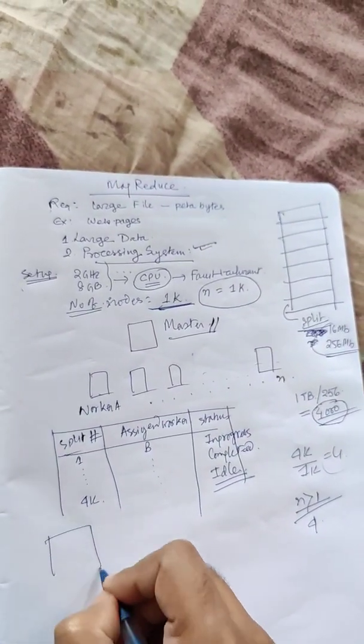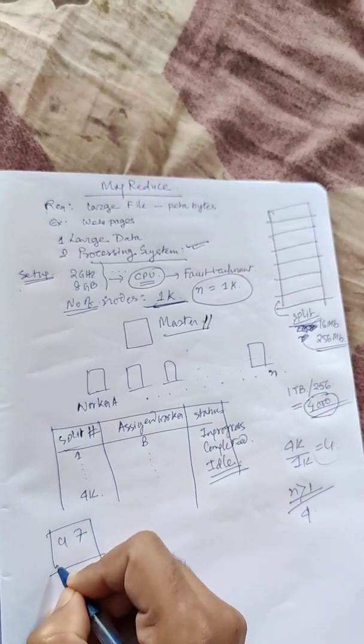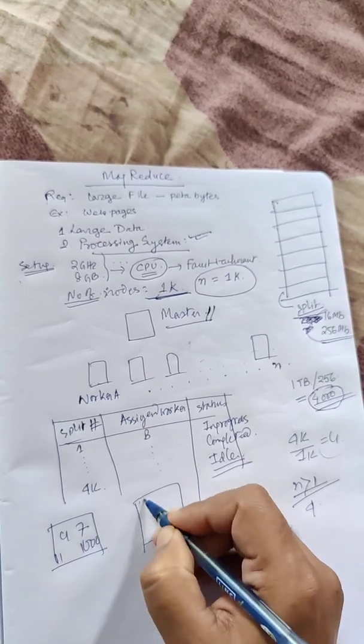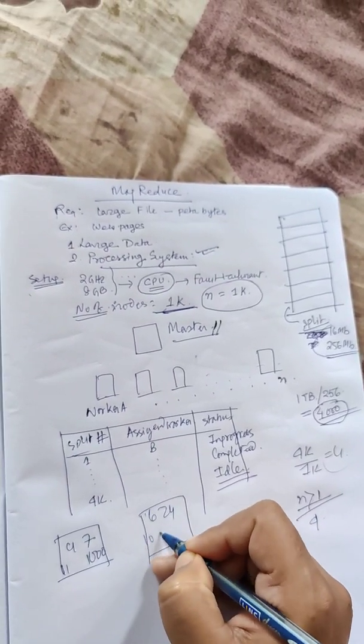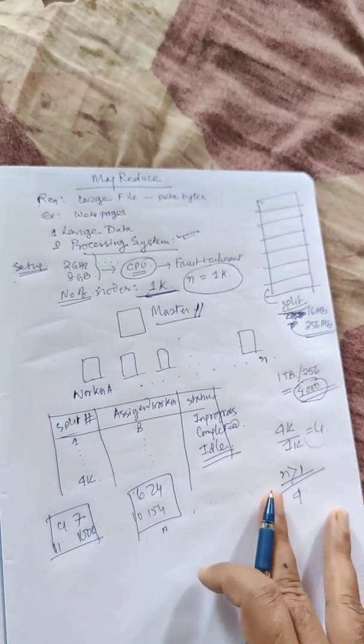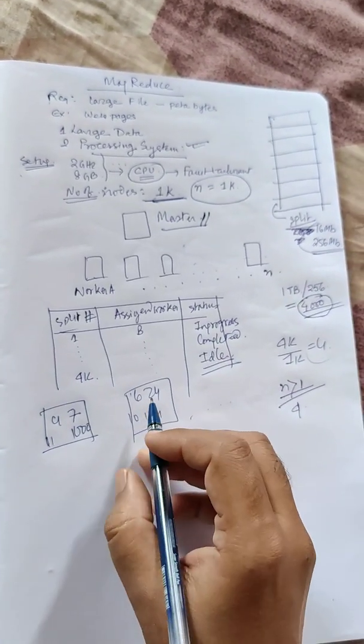Now suppose we have splits like 4, 7, 11 and 100, and it could be like 6, 24, 10, 54. I'm talking about split number B and all these things. So how does this whole thing work?